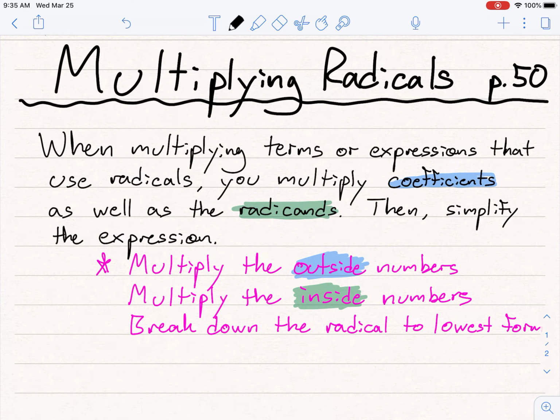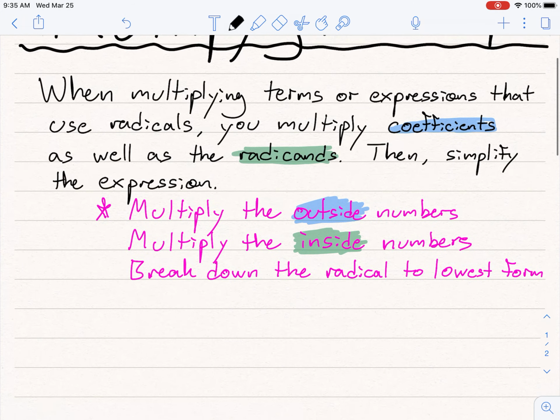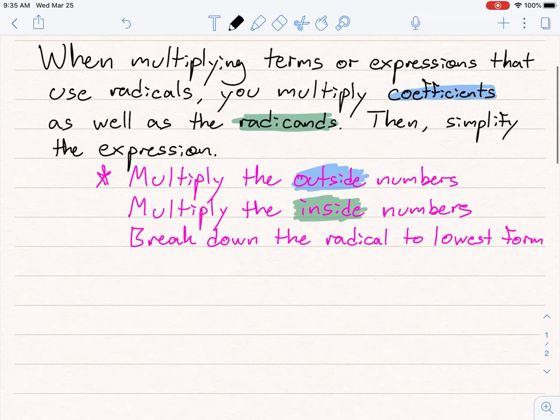Now, the easiest way to teach this is just to look at examples of how this works. So let's have example 1 here. We're going to have negative 2 square root 12 times 3 square root of 6.